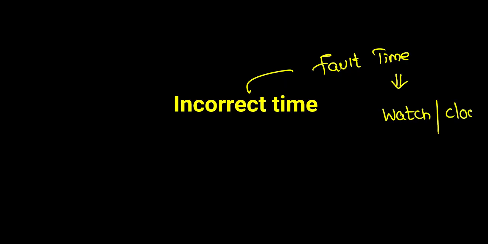Wrong. Fault time, which is fast or slow, means indirectly the watch or clock is fast or slow. The watch will be fast or the watch will be slow.